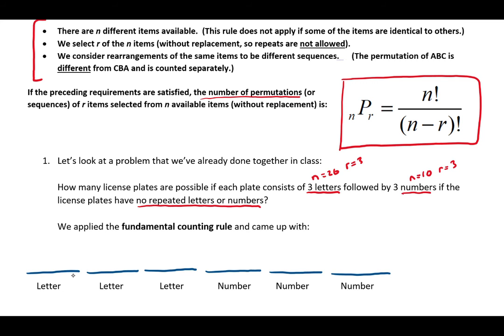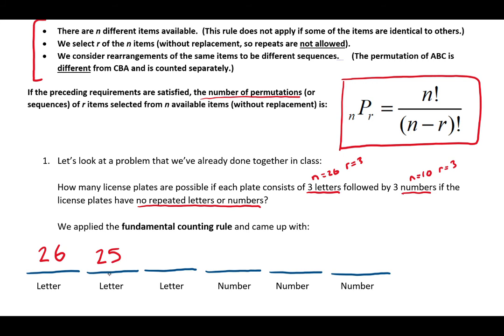Now for that first letter, how many options do we have? Well, there are 26 letters to choose from, so 26. And once we've chosen one letter, if repeats are not allowed, we have 25 letters to choose from for that second letter.